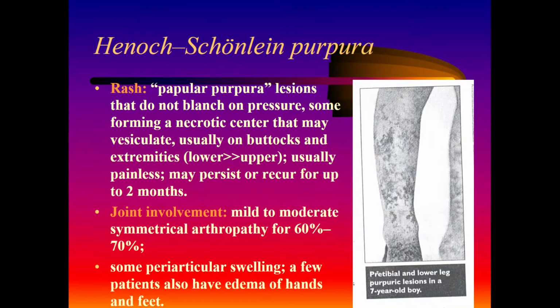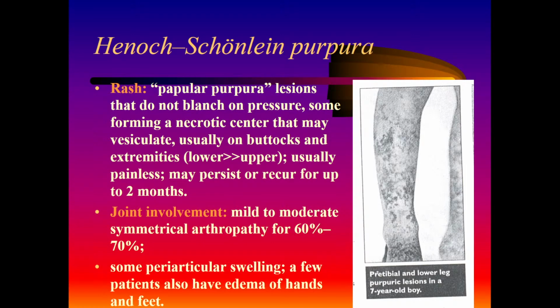Rash: papular purpura, lesions that don't blanch on pressure. Some form a necrotic center that may vesiculate, usually on buttocks and extremities.